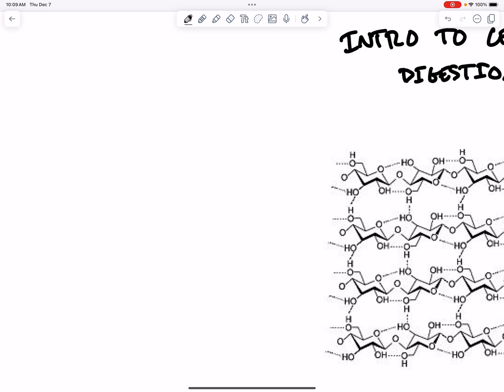Glucose is an example of a monosaccharide, or a single sugar. And when we put a bunch of glucose monomers or monosaccharides together, we can form polysaccharides. So when you add them all together, you get polysaccharides.